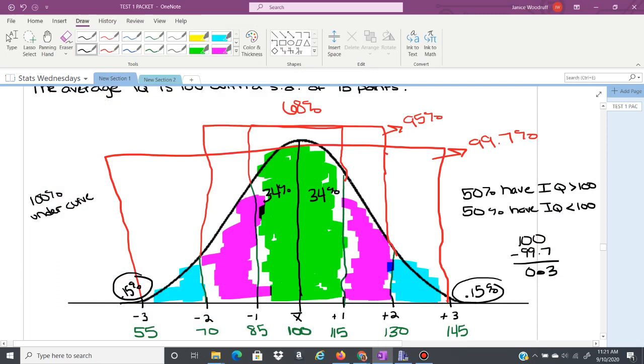If I divide that by 2, 13.5 and 13.5. And then from 95 to 99.7, that is 4.7. If I divide that by 2, that's going to be 2.35%. If I add all of these numbers here in black, that's going to add to 100%.